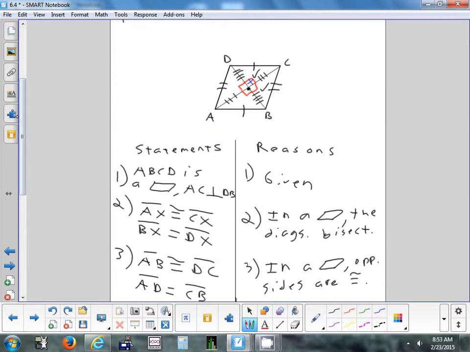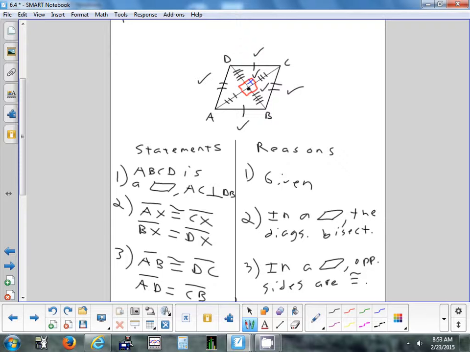Well, if I know DC and BC are the same, is BC the same as anything else by what's already marked there? Yeah, it's already the same as AD because of what we have marked. And how about DC? Is DC the same as anything else by what we already had marked? AB.